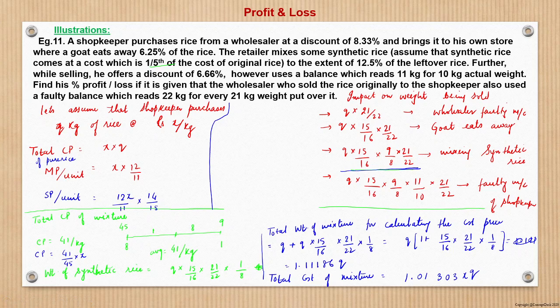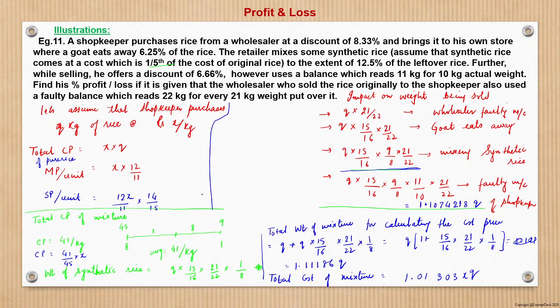So that I can calculate, that is 15 into 9 into 11 into 21 divided by 16 divided by 8 divided by 10 divided by 22, is equal to 1.1074 q, and this multiplied by the SP per unit, which is 12 by 11 into 14 by 15.